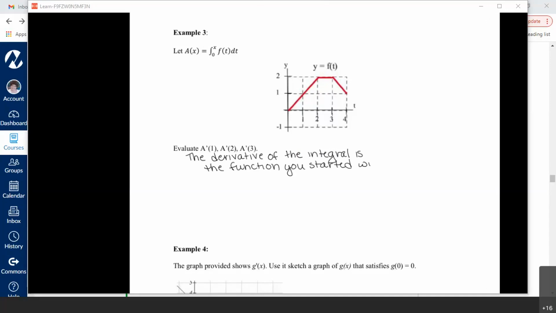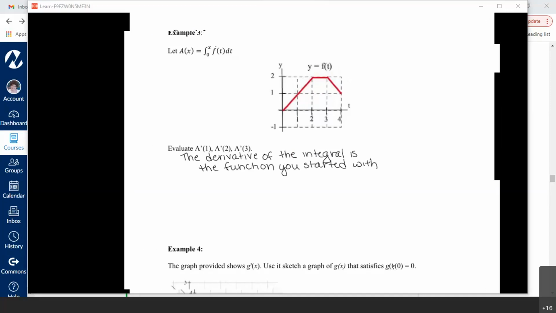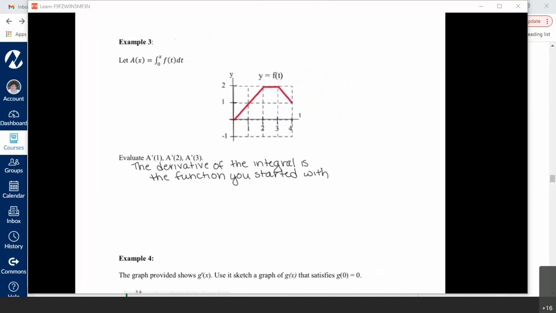The derivative of the integral is the function you started with. This part is showing you that derivatives and integrals undo each other. Everybody okay with that? So a prime of 1 is just the value here, f of 1.